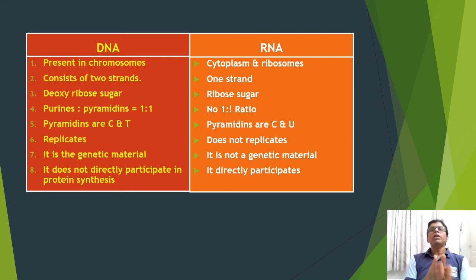In place of thymine, uracil is present. DNA generally replicates and forms two daughter DNA molecules, whereas RNA molecules do not replicate. Usually, all types of RNA molecules are formed from DNA molecules by a process called transcription.